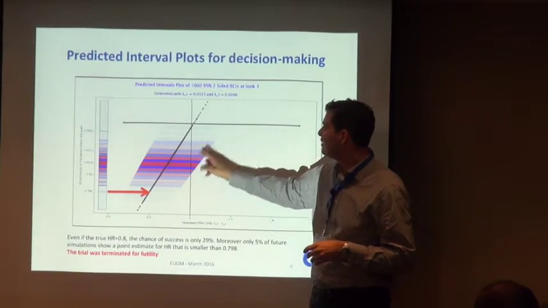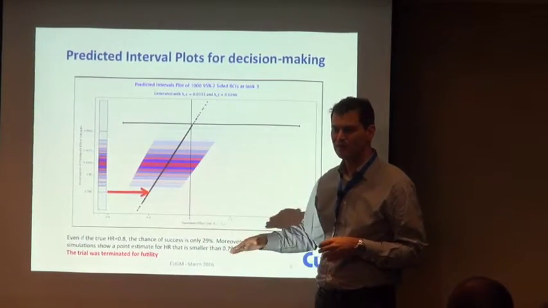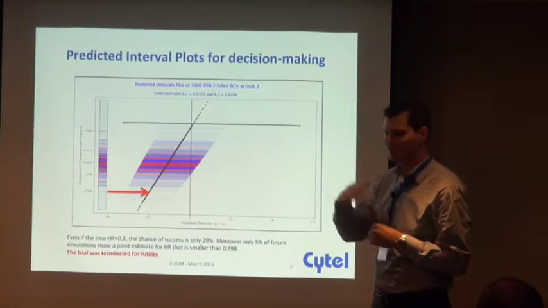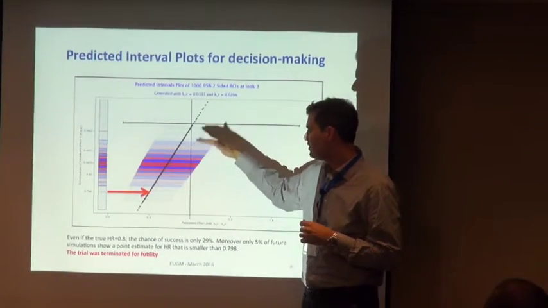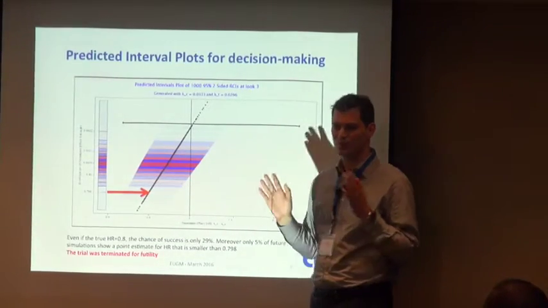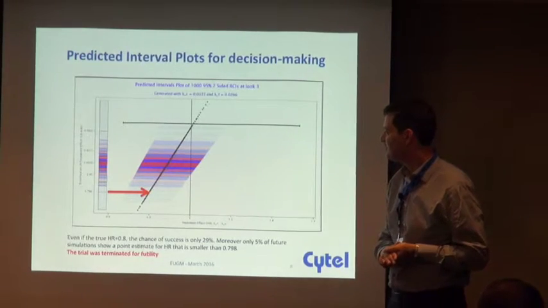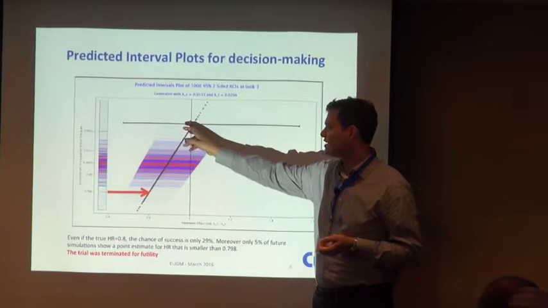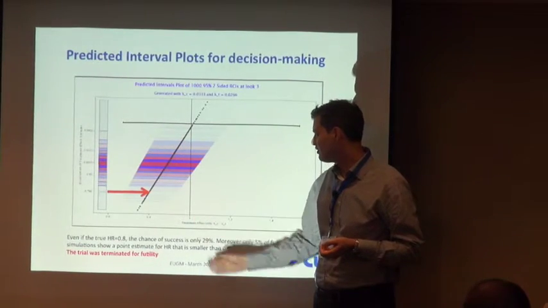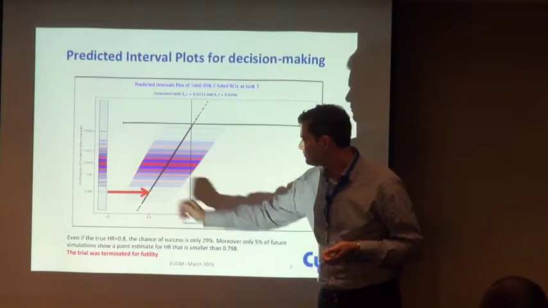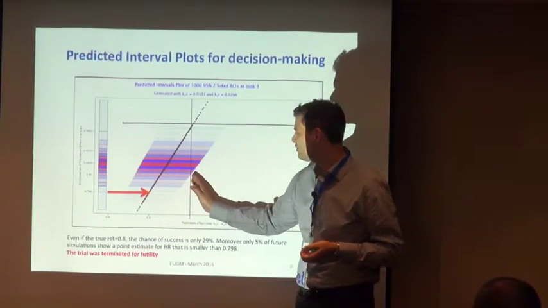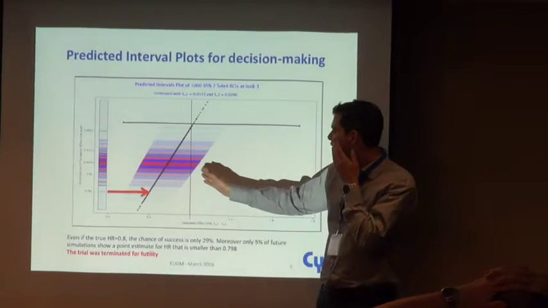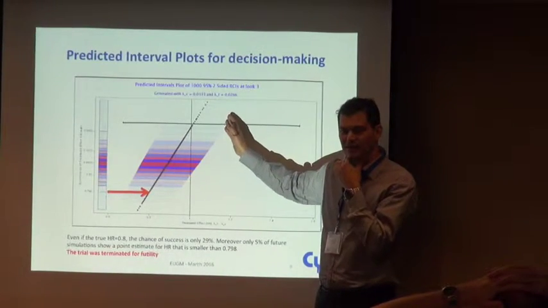So this is 1,000 simulations where the predicted confidence intervals at the end of the trial or at a future look have been stacked in a particular way so that they're sort of ordered. And the nice thing about this is that you can then sort of see, if you draw a line here, which is hazard ratio of 1, then you've got a certain percentage of the confidence intervals that are clearly excluding 1, and then another percentage of the intervals that are including 1.